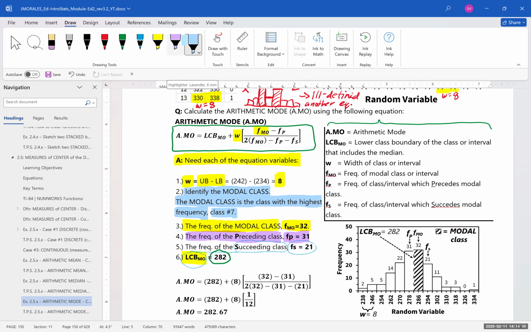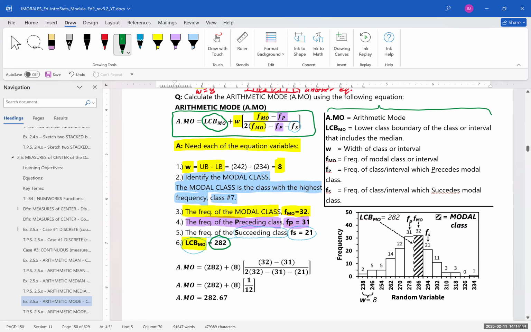And so what we've done is we've identified all of our variables. We had the frequency of the modal class, which actually goes in 2 places, there in the numerator and also in the denominator. We have the frequency of the preceding class, which goes there and there, the frequency of the succeeding class, which goes there, and the lower class boundary of the modal class. That goes there. And now we've got all the numbers we need to plug into our equation.